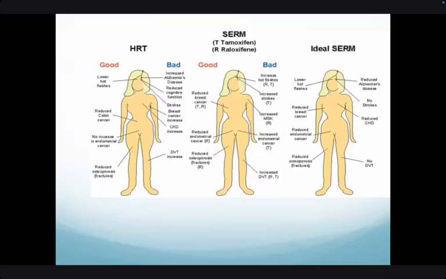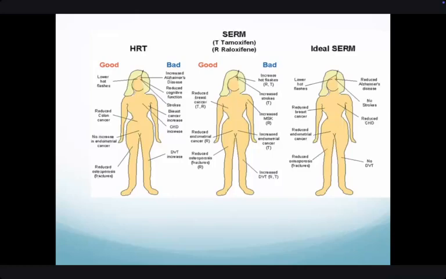And when you look at the SERMs, both tamoxifen and raloxifene reduce breast cancer. Raloxifene only reduces endometrial cancer, and raloxifene reduces osteoporosis. But the adverse effects are also there, which most of them increase the hot flashes. So they're not doing what the HRT is doing. They increase stroke as well. There's an increase in endometrial cancer and increase in DVT.